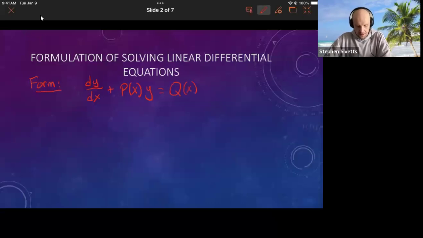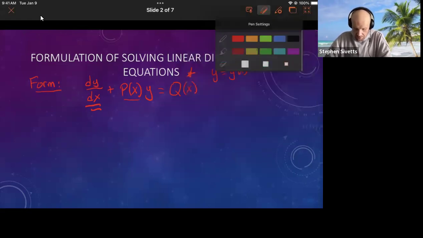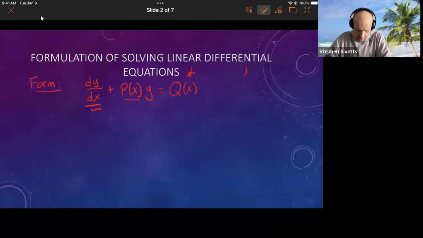All right. So a first order linear differential equation will always look like this. You have a single quantity dy dx, plus another quantity p of x times y, and it equals q of x. And y is just some function in x, and we're trying to solve for a general solution for y of x.